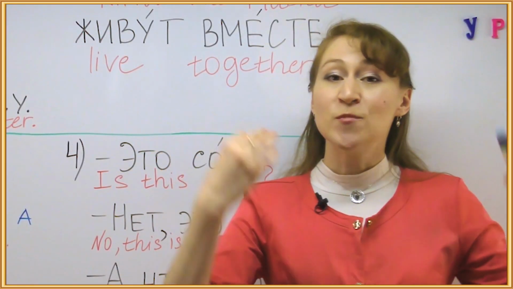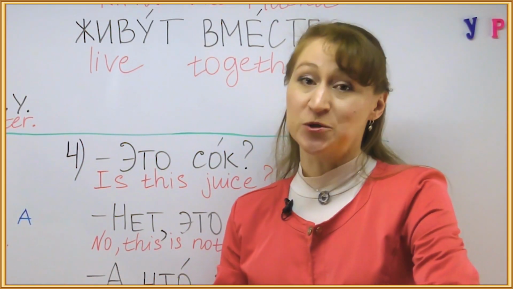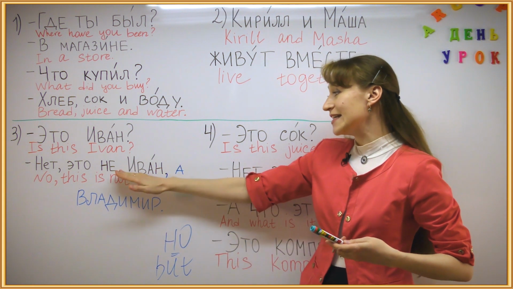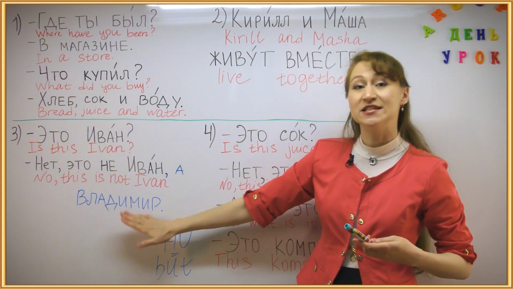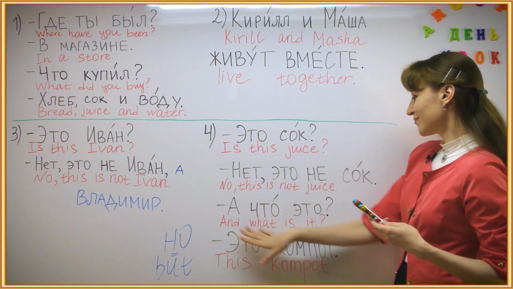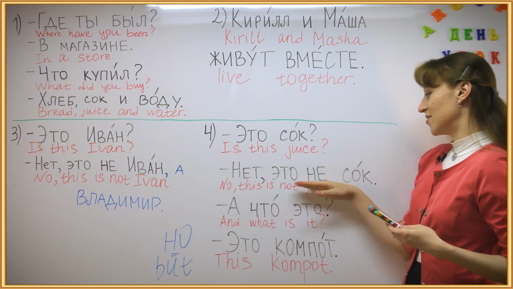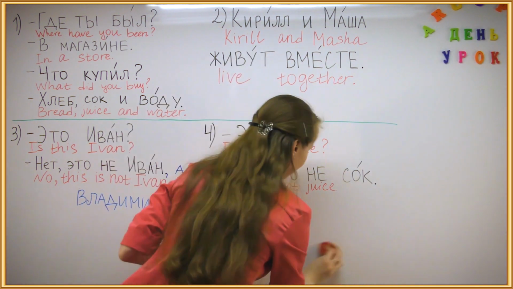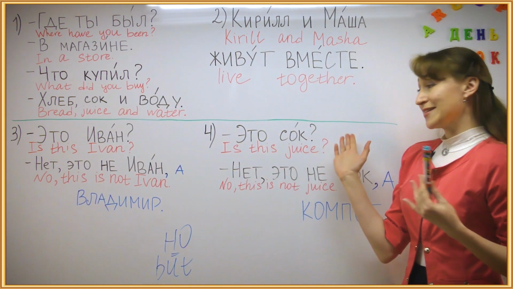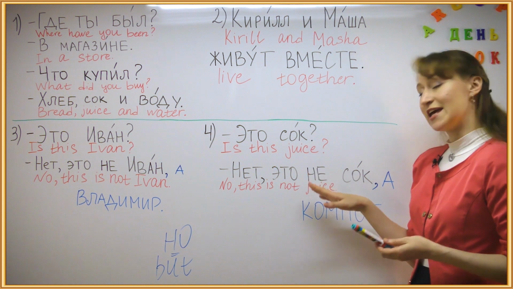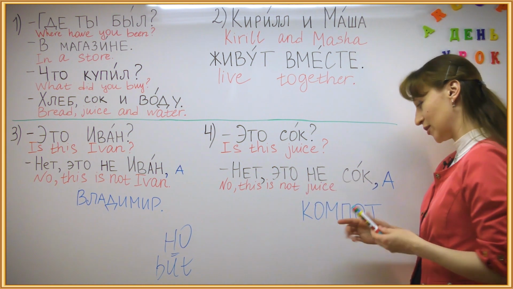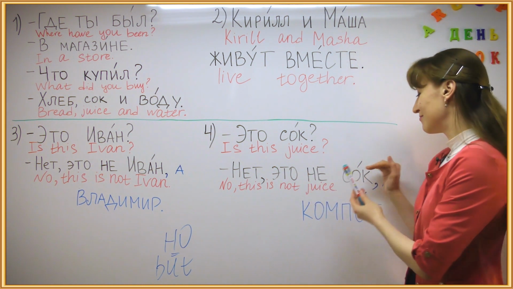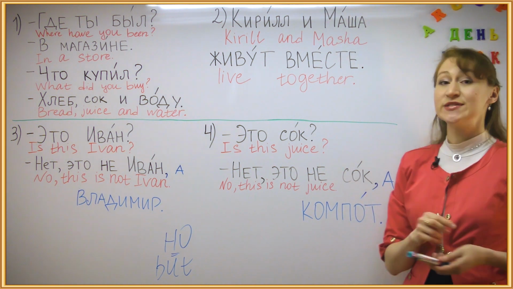It's just moving on to a different person or highlighting that this is not this person, this is a different person. So, how would you say "this is not juice, this is компот"? Это сок? Нет, это не сок, а компот. So again, different item. That is why we use а.